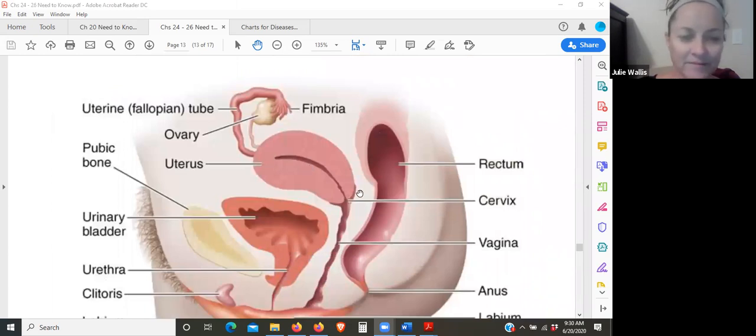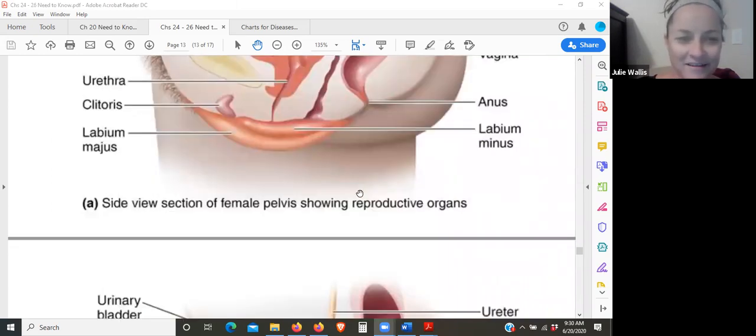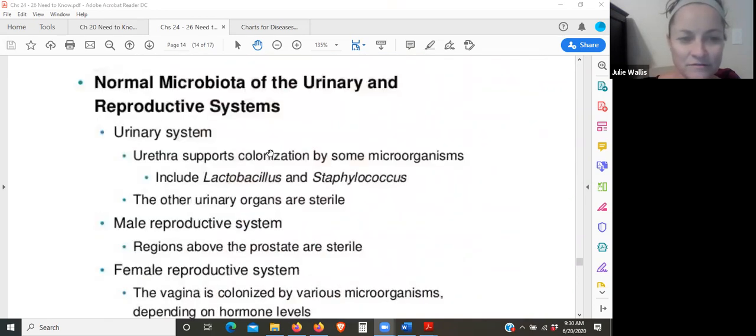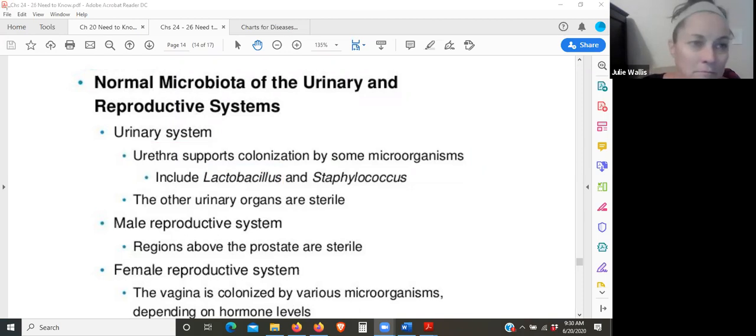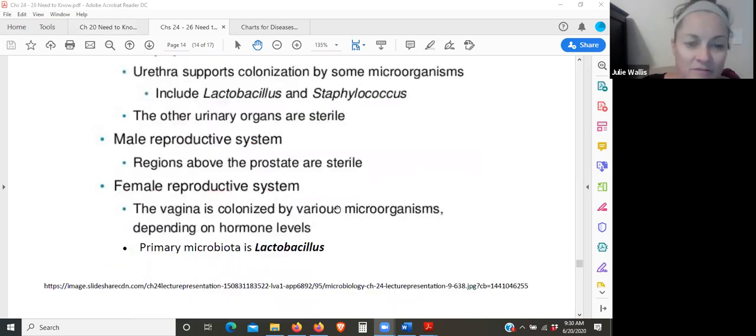Now, the urethra supports lactobacillus and staphylococcus, but you do need to know that lactobacillus is the most common, most abundant normal microbiota in the urinary system, which is listed down here under the vagina.